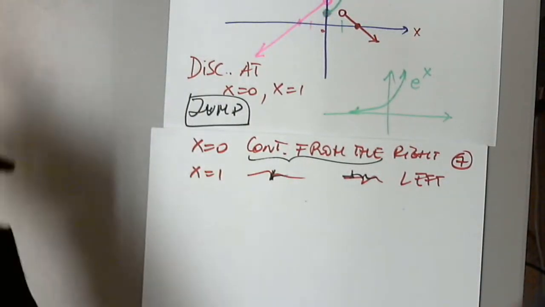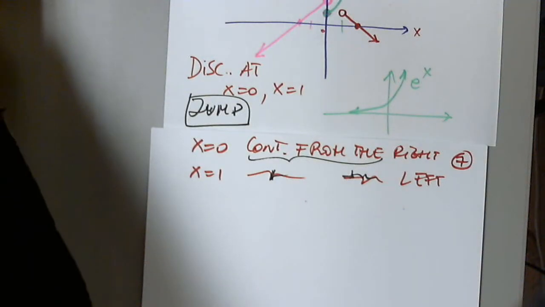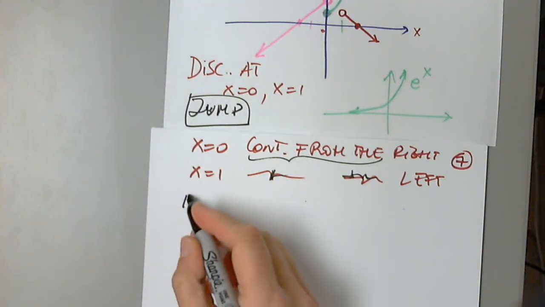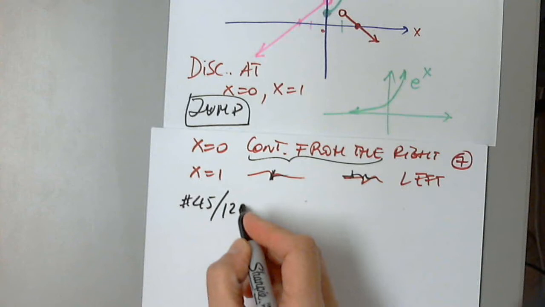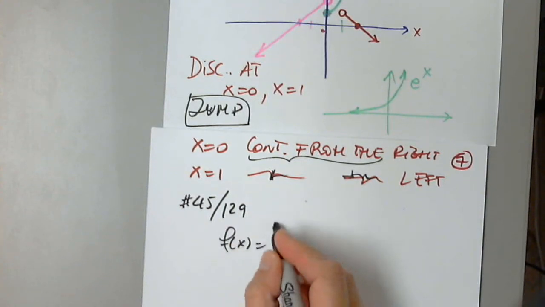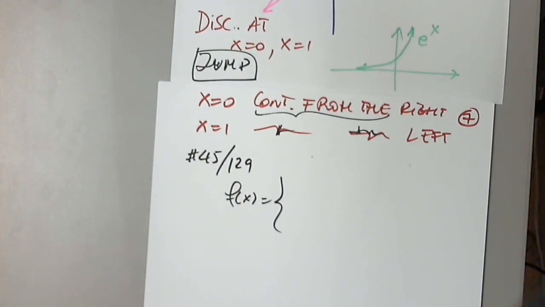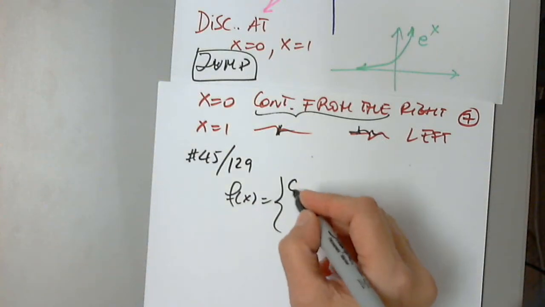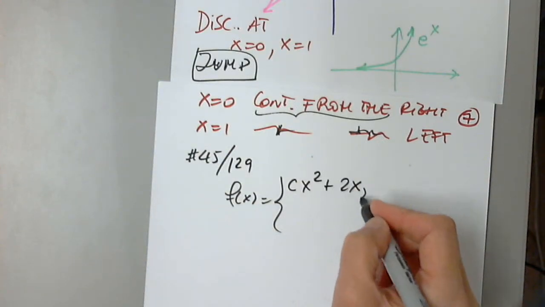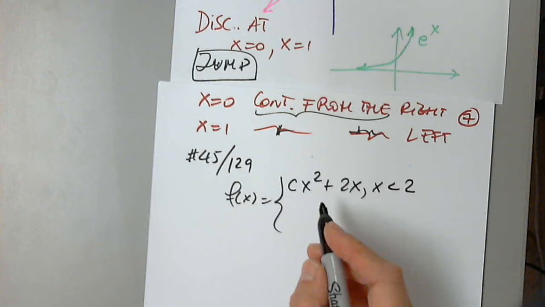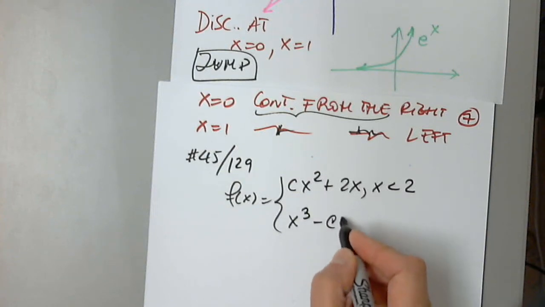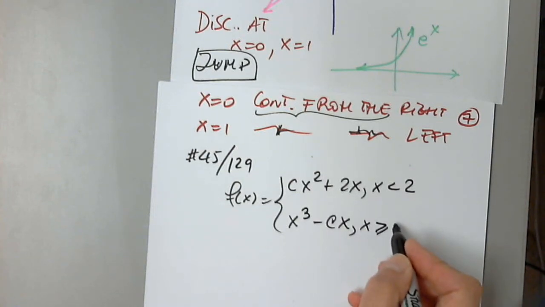So let's do that. This is problem 45, 129, and here's the function. F of x equals cx squared plus 2x for x less than 2, and x cubed minus cx for x greater than or equal to 2.